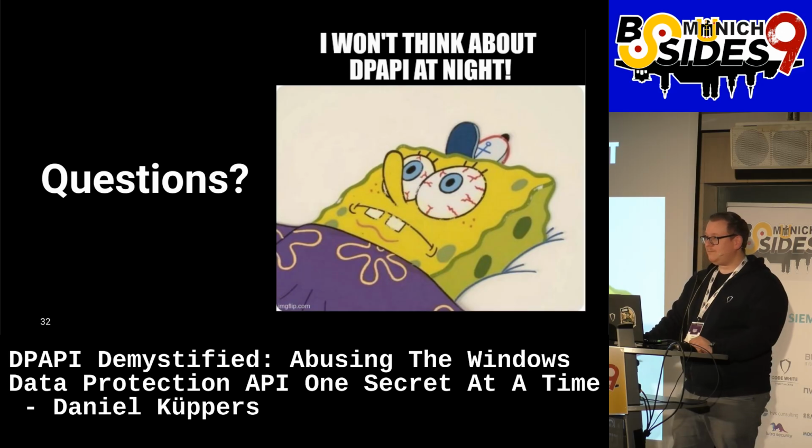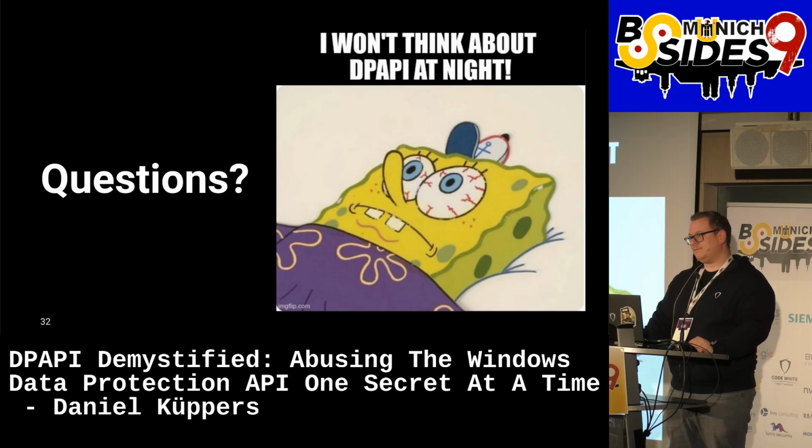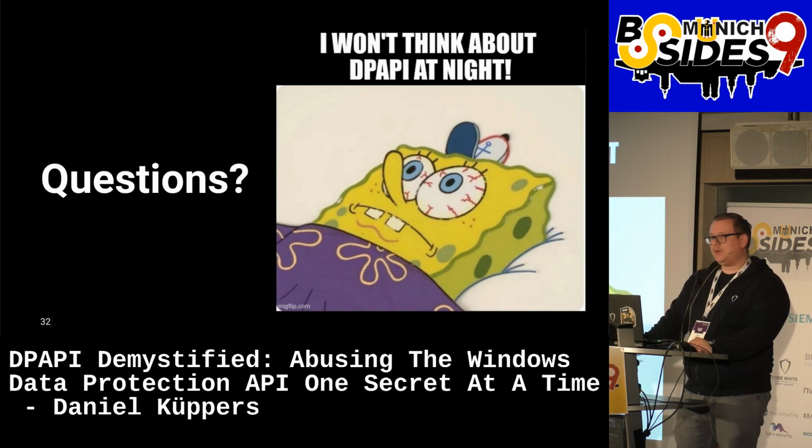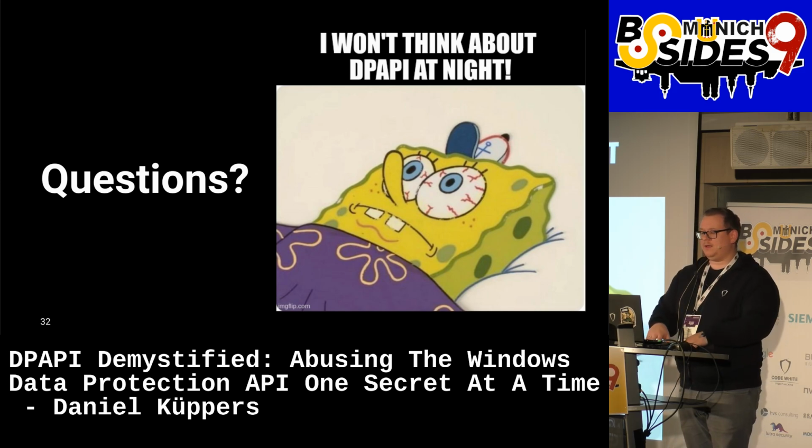As a blue teamer, how could I detect an abuse of DPAPI by an attacker? That is quite challenging because in the offline context, you can only know that some remote source tries to read that file, for example, the master key, and in a short period of time, maybe a credential file.